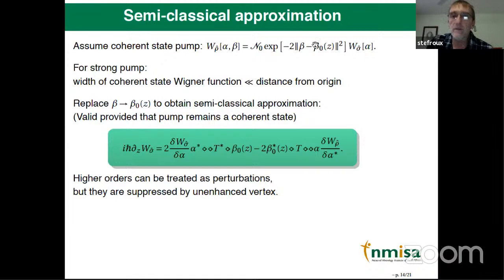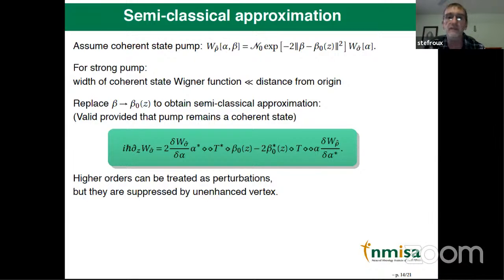However, I allow the parameter function to evolve. So in other words, I can accommodate a depleting pump. In this case, the semi-classical approximation is not justified in the same way as people usually do it, by assuming that the pump remains undepleted. The only thing that I assume here is that the state remains a coherent state.